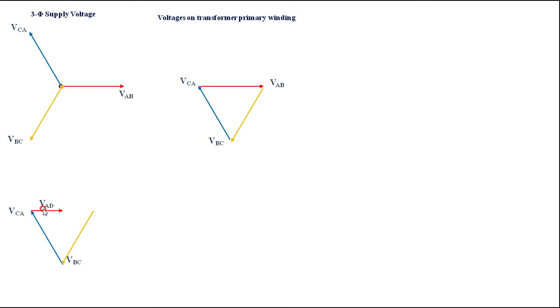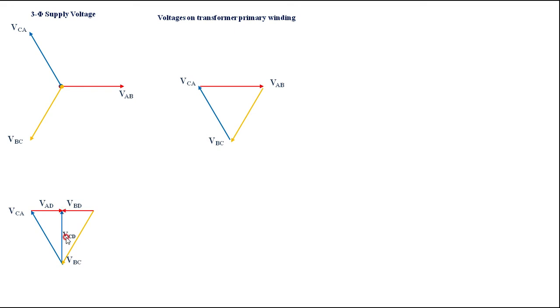AB can be divided into AD and BD. Therefore, the total voltage from here to here is VAB. The VAB is divided into VAD and VBD because D is the center tapping point here. Therefore, VAD and VBD are each half of VAB.